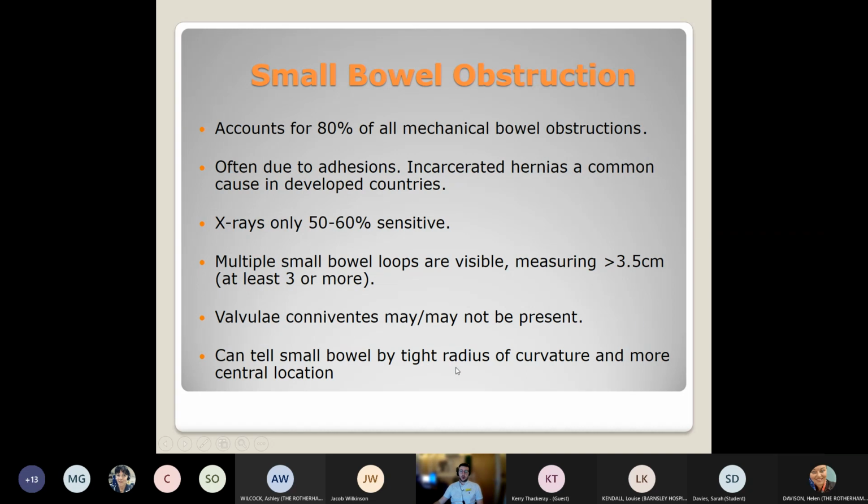You can tell it's small bowel by those valvulae conniventes, those thin folds. It'll also have quite a tight radius of curvature. So the large bowel, you'll see a loop of bowel, but it will be quite a wide radius, whereas in the small bowel you'll see a lot of snaking type loops, and it will be more central in location more often than not.